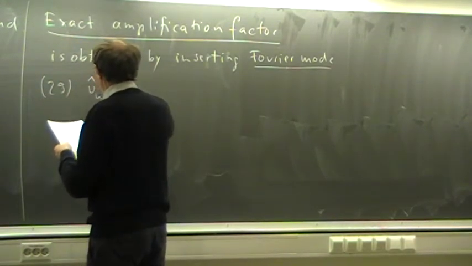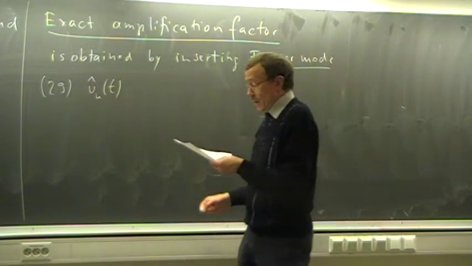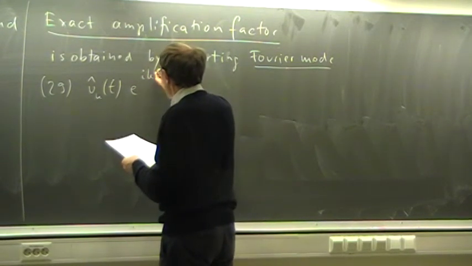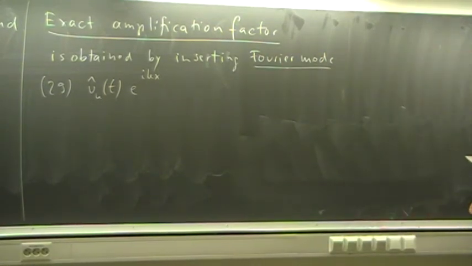Now we leave that continuous in time, that is the trick here, and we make the assumption that we have some trigonometric expression in space. We call it the harmonic mode in that case.